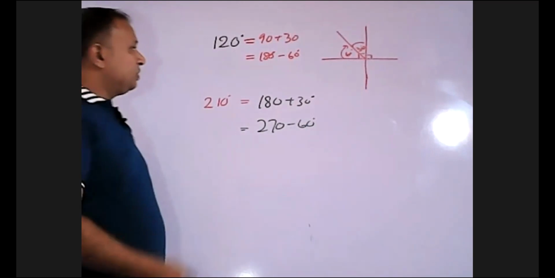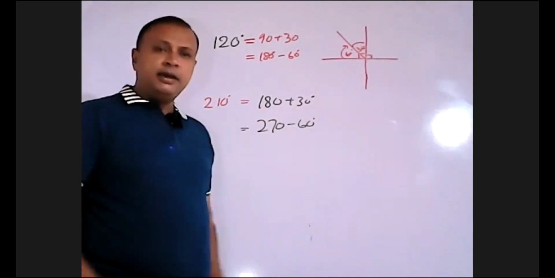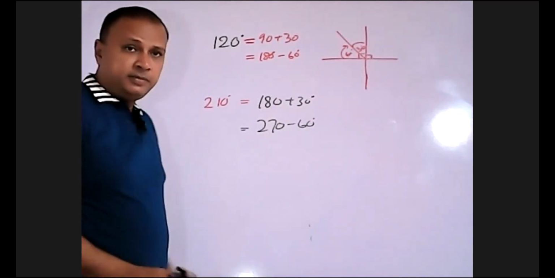So this is the first step: representing any angle using an acute angle and an integral multiplication of 90.